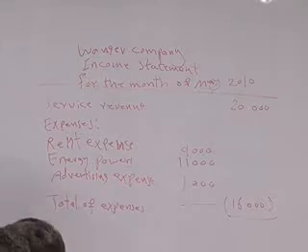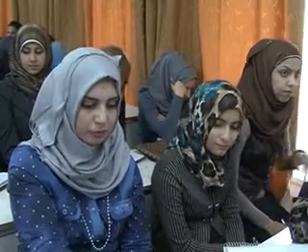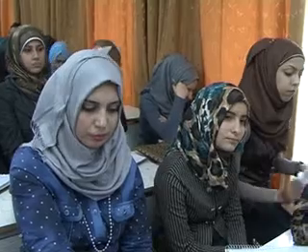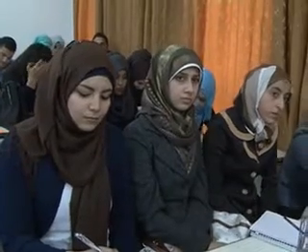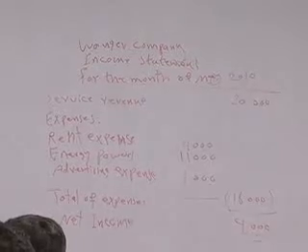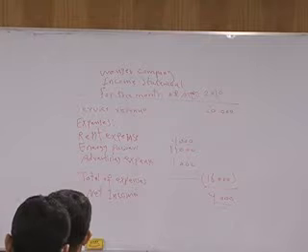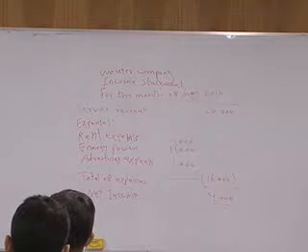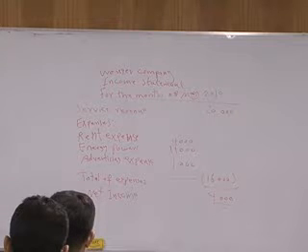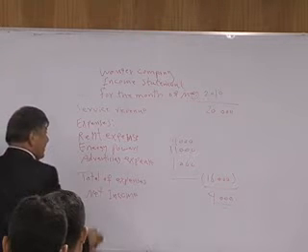Net income, 4,000. Now we complete requirement number one. Okay? All of you understand? No problem? Now I can go to the second requirement.